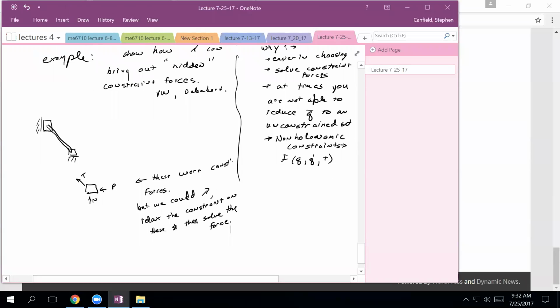I haven't really told you what lambda is. You're going to see in just a moment.